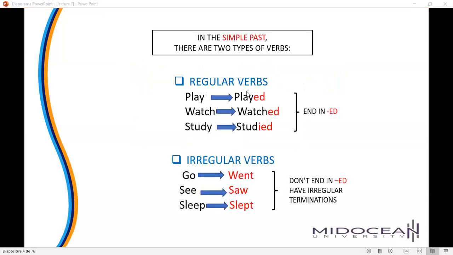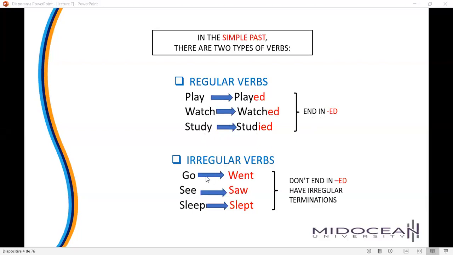So in the simple past, there are 2 types of verbs. Type 1, regular verbs. Examples: play, played; watch, watched; study, studied. Regular verbs always end in ed.